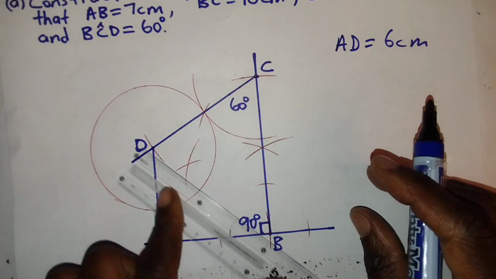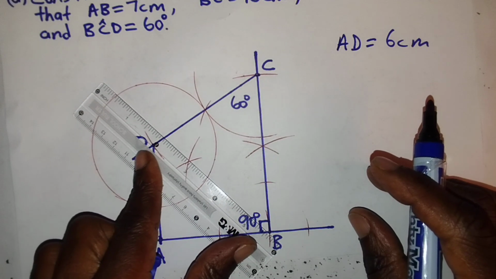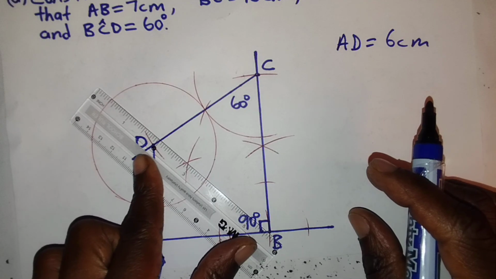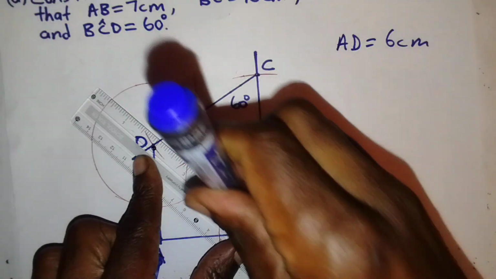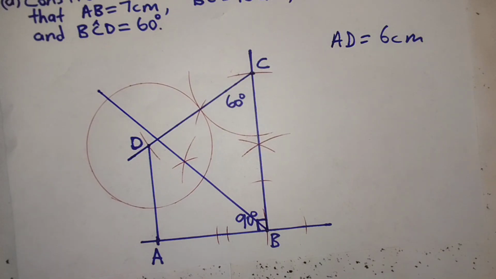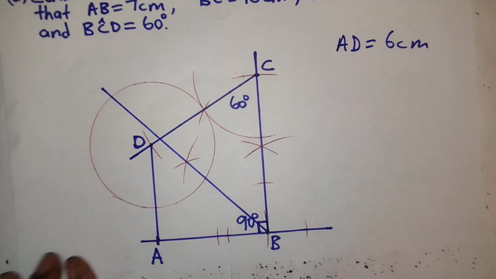Okay, now starting from B right through the point of intersection of the arcs, I'll draw a line. Okay, so that's the locus of points equidistant from AB and BC. Okay, finally I want to mark and label 2 points.